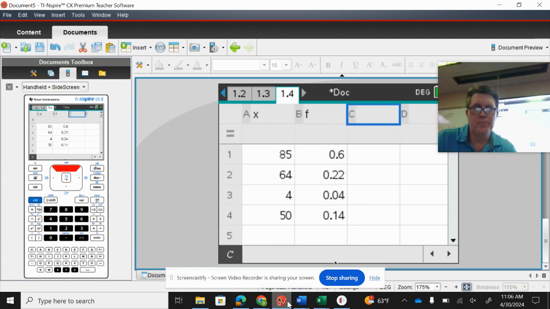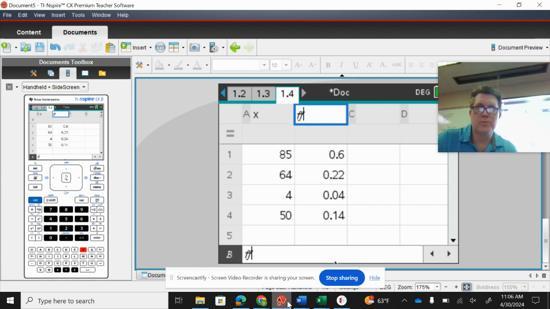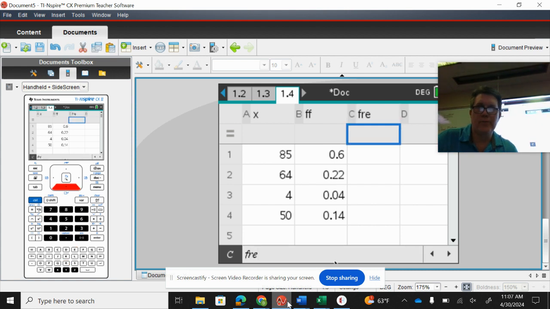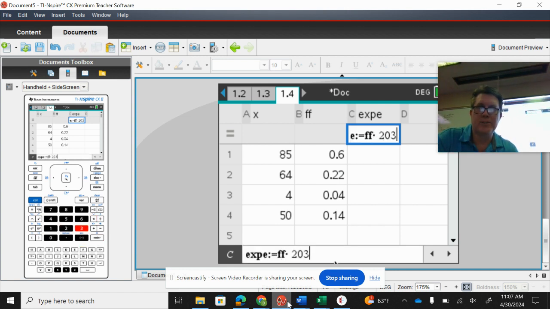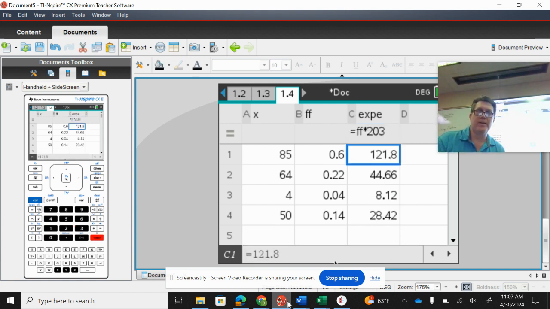So over here in this row, I'm going to call this one FF for frequency, because I'm going to do some multiplying with this. And we'll call this one the expected cells, XP. So we're going to take FF and multiply it by 203, the total. Remember, you have to take your percentages times how many you sampled. And now those are our expected cells.